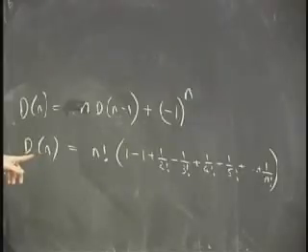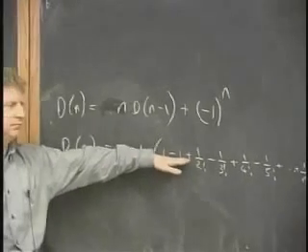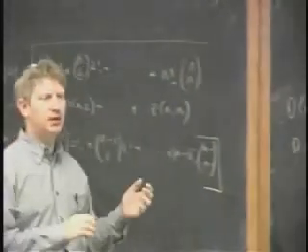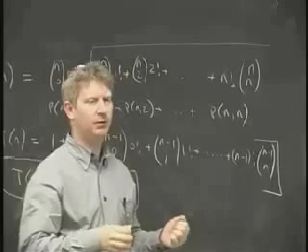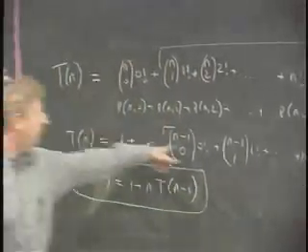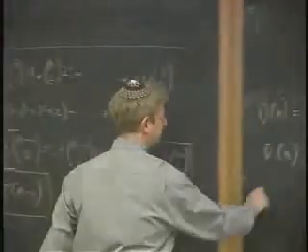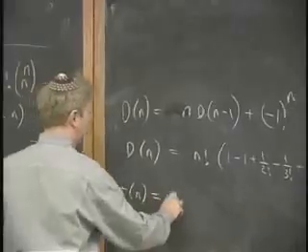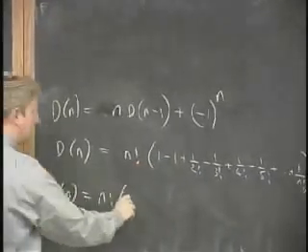Remember we did something like this, and then we proved that this goes to e to the minus 1. So the number of derangements was 1 over e times the total number of n factorials. If you do the same thing in this example, and you pull out an n factorial, here's what you get. T of n equals n factorial. Instead of alternating minuses and pluses, you just get pluses.